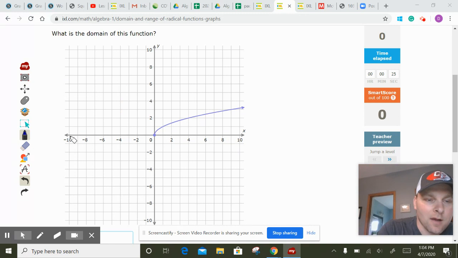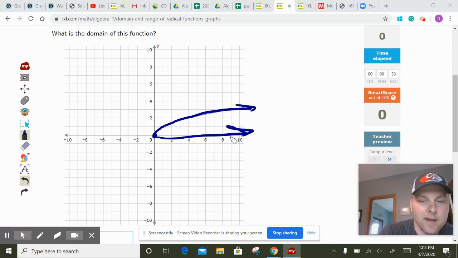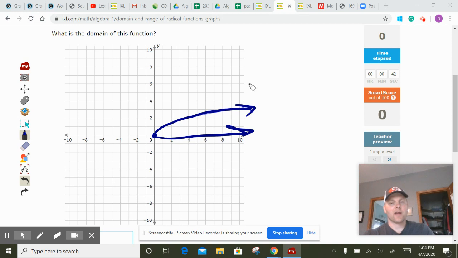It looks like there's nothing graphed over here. The graph starts at 0 and then increases like that. So it's basically on our x number line, numbers that are greater than or equal to 0. And the arrow indicates that it would keep going forever. So that means that the domain of this one is x is greater than or equal to 0.